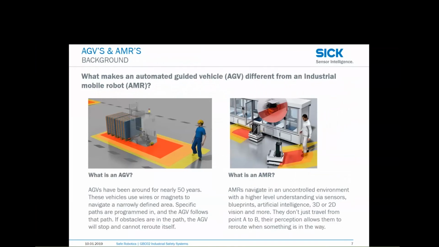So what makes automated guided vehicles, AGVs, different from industrial mobile robots? The main difference is how they follow their path through any given space, right? Most AGVs follow predetermined paths. That means they go from A to B in a predetermined way, and they are guided by their navigation system along that path. And AMRs, on the other hand, are autonomous in nature, which means that they can determine their own path.